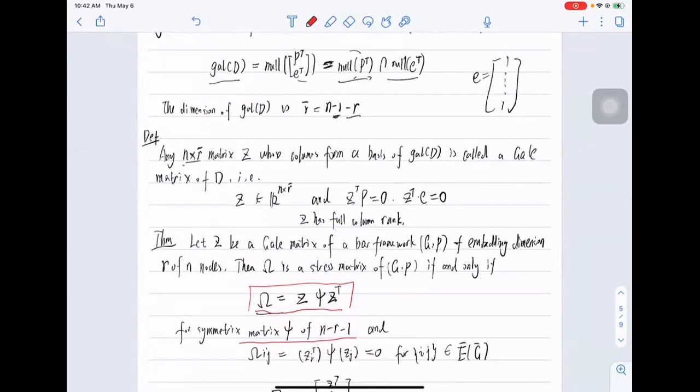Omega is an n by n matrix, but the Gale matrix can be explicitly computed, and only phi is unknown. So phi is much smaller, it's n minus r minus 1. So if you want to find the stress matrix, you can find it using the Gale matrix. You are restricting yourself to a much smaller space.